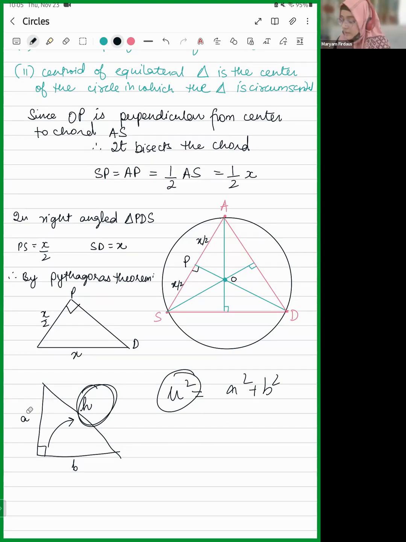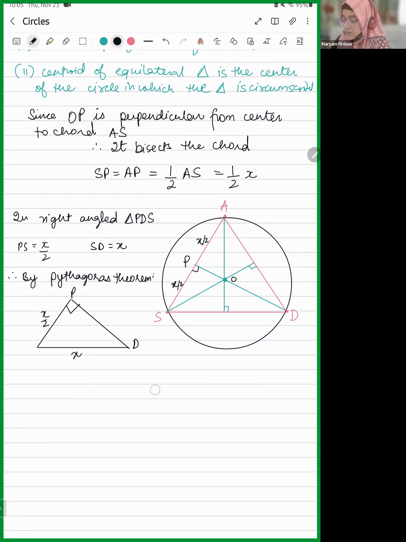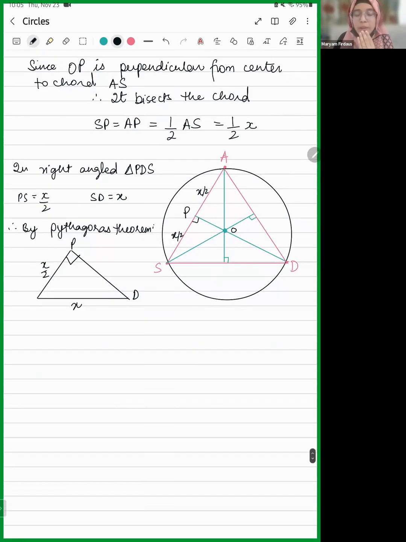Now tell me, look at this triangle. If you don't know this thing over here, you can just say PD. Now tell quickly. Abdul Jabbar? Yes, Abdul Jabbar.